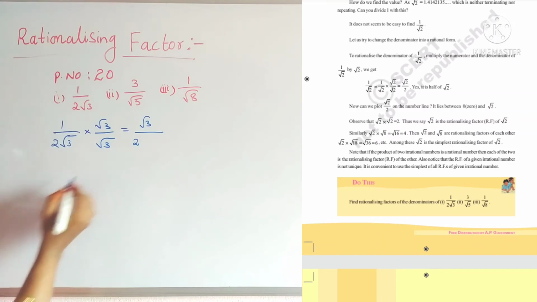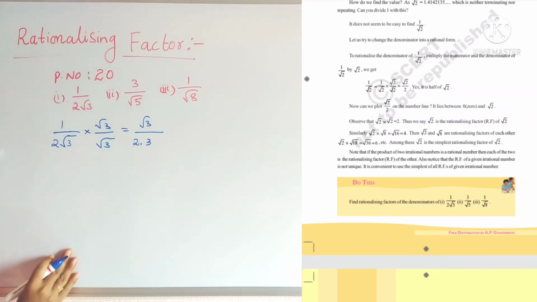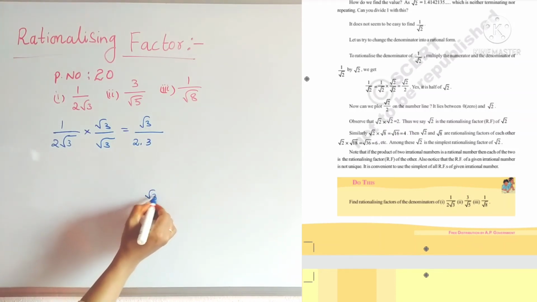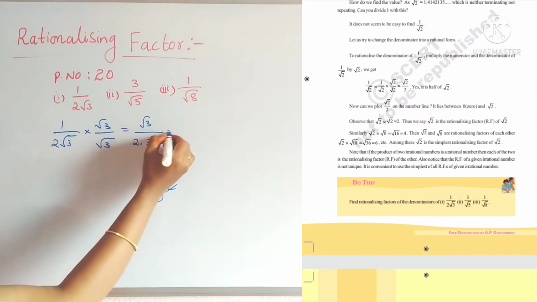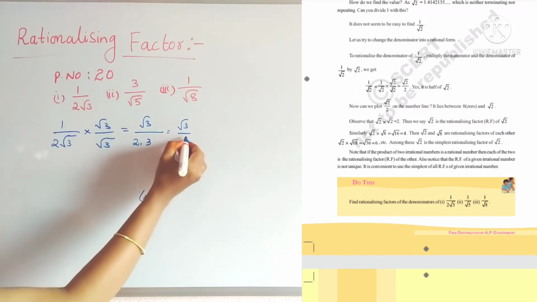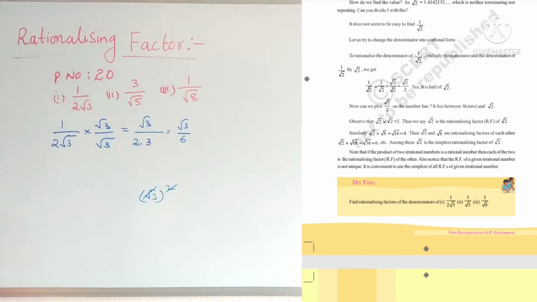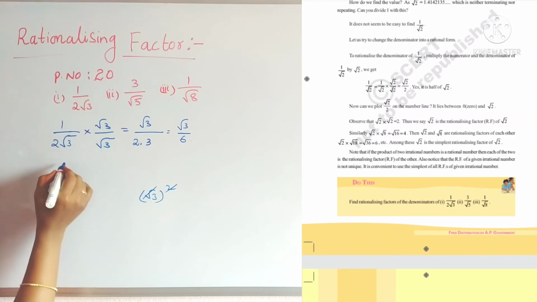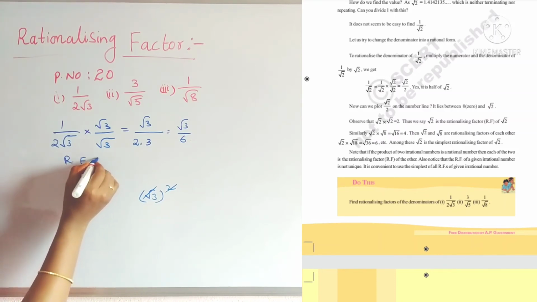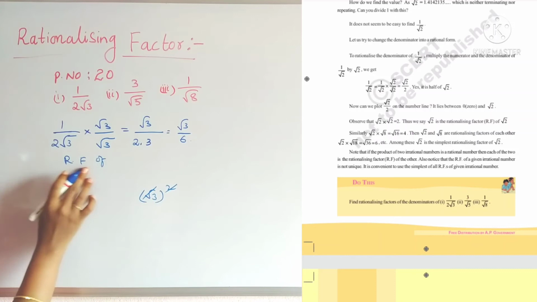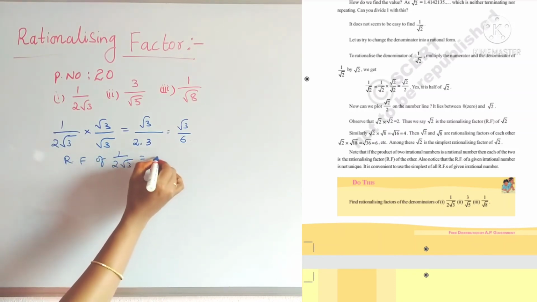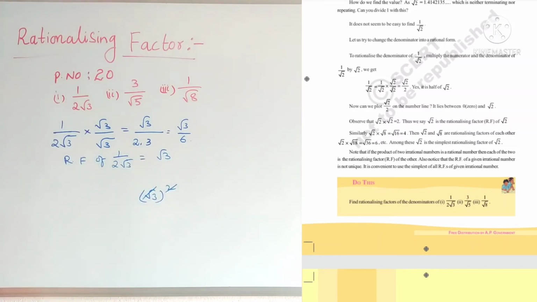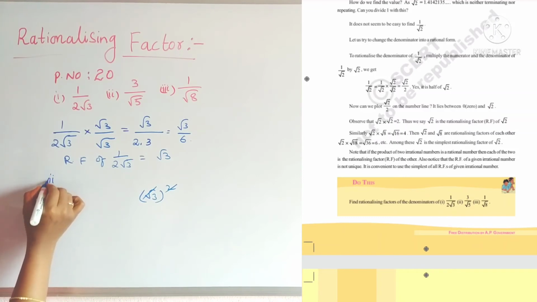Root 3 into root 3 is 3 only, root 3 whole square, and the root gets cancelled. So root 3 by 2 into 3 is 6. In short form we can write RF of 1 by 2 root 3 is equal to root 3. That's it.